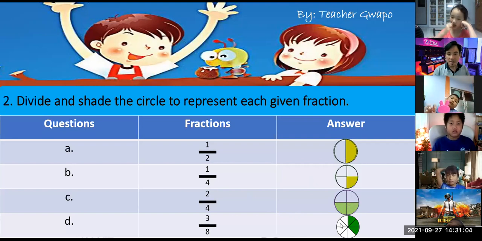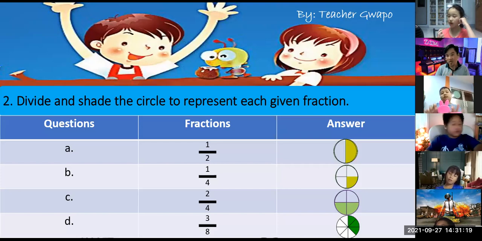In here, 3/8. Out of 8 parts, 3 parts are shaded. In letter E, 6/8, 6 parts are shaded. And letter F, 7/8. So you will shade 7 parts out of 8.